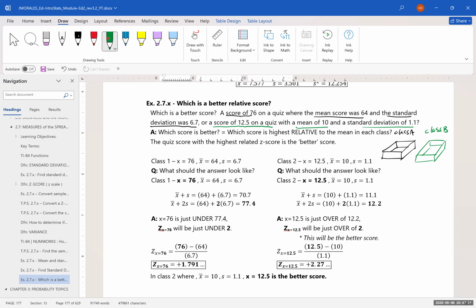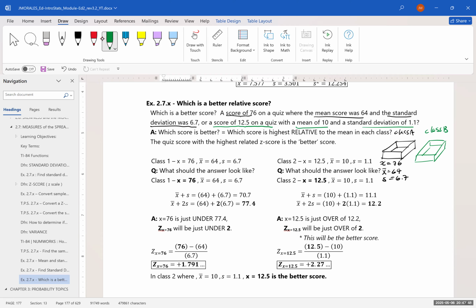All right, so in classroom A, we have a score of 76. And in this classroom, the mean score was 64 and the standard deviation was 6.7.